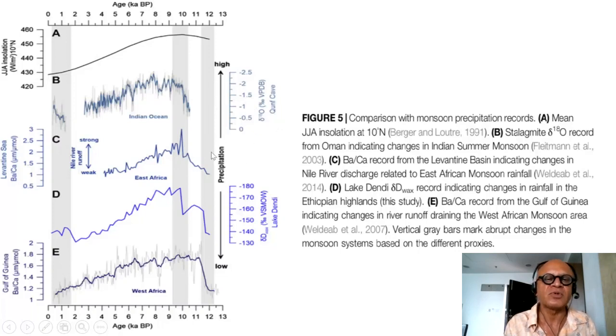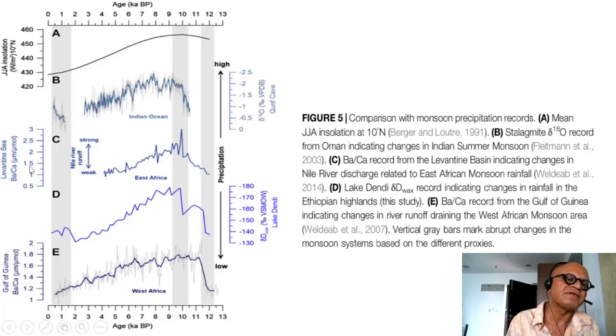So this corresponds to precipitation levels in these multiple proxies, with high precipitation here and low precipitation in this direction. So high precipitation, and then we'll look at Indian monsoon in more detail and the civilizations there.